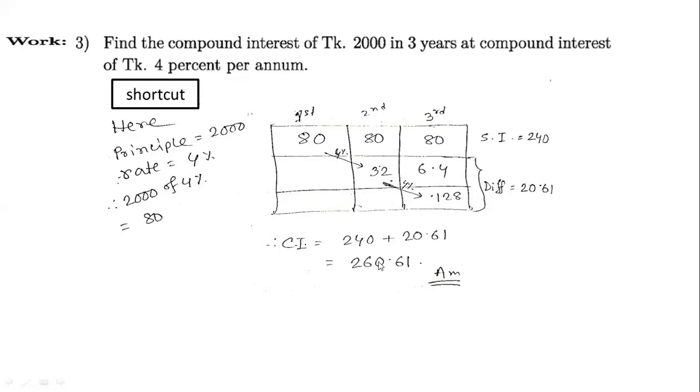So our compound interest will be 240 plus the difference, that will be our total compound interest. But if you have no basics of compound interest, please see the first lecture, then you can understand what the basics of compound interest say. Hopefully you can understand all of the maths.